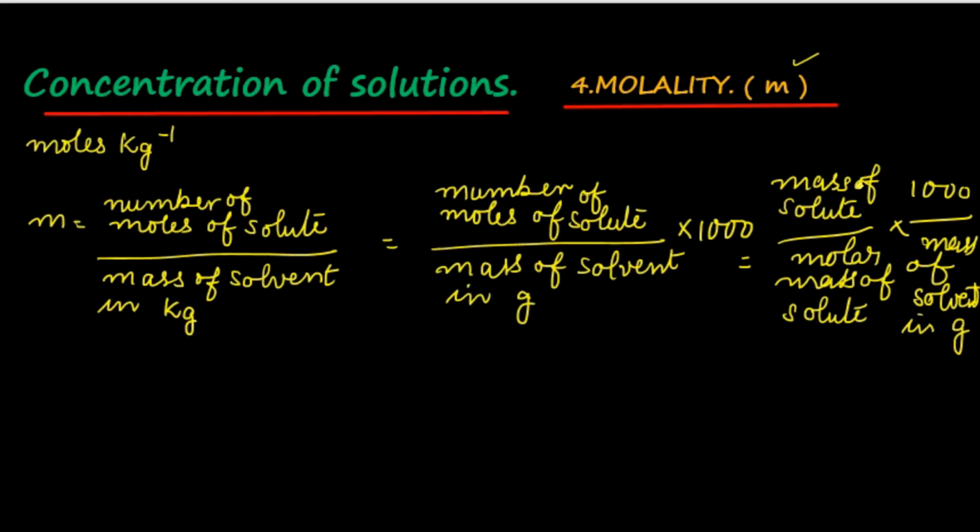So they have given mass of the solute. They have also given mass of the solvent in grams. So this mass has to be converted to number of moles by this expression, and mass of solvent has to be converted to kilograms. So the expression becomes this. So this is one method, this is the second method, and this is the third method.